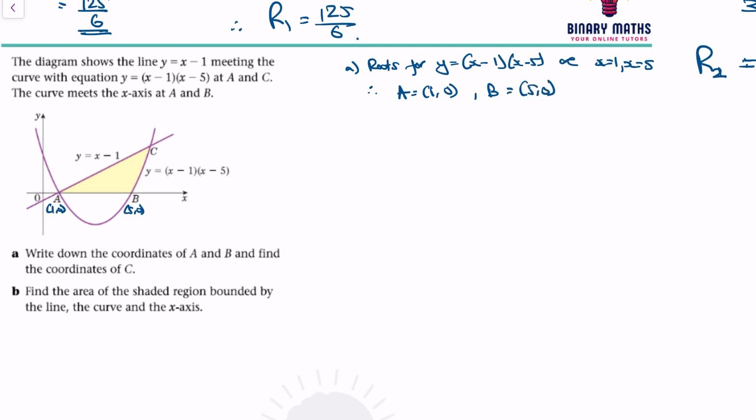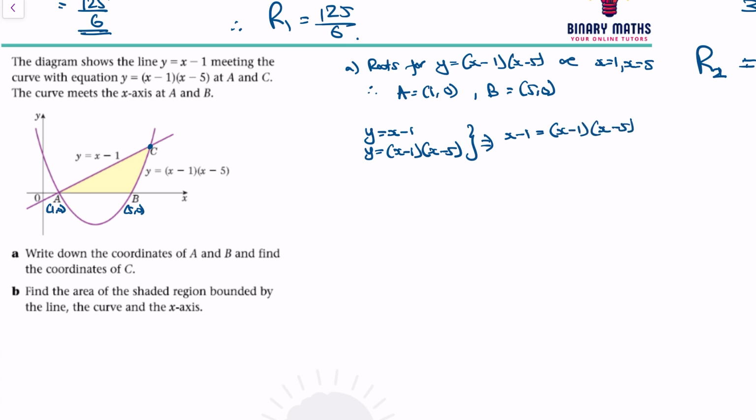Now to find C, because it's the point where the line and the curve intersect, we need to solve it simultaneously. So y is equal to x minus 1 and y is equal to x minus 1 times x minus 5. If we put these two together, we get x minus 1 is equal to x minus 1 times x minus 5.